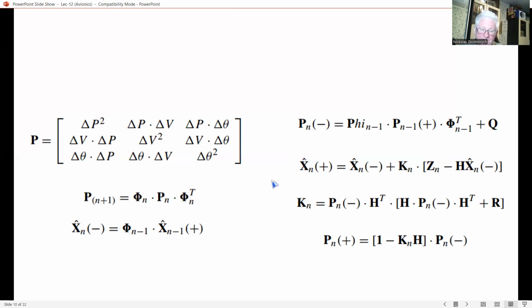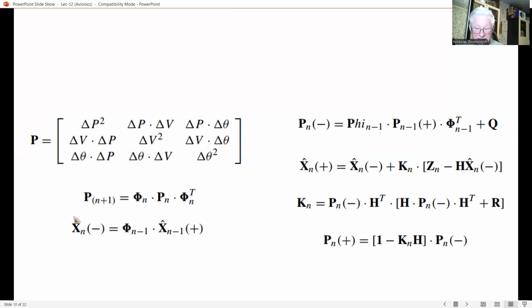During extrapolation, the filter estimate of the system state vector is modified according to the best available knowledge of the system dynamics, as you can see here in this bottom expression.